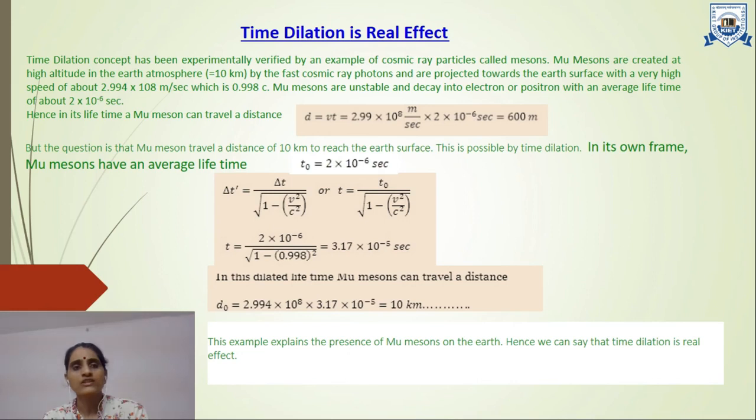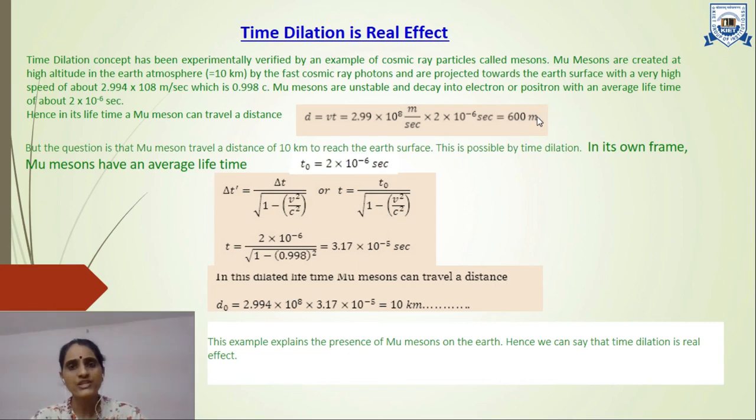The speed with which the mu mesons are traveling is nearly equal to c, that is 2.99 x 10^8 meters per second, and their average lifetime is 2 x 10^-6 seconds. If we multiply both parameters, then the distance that the mu mesons have traveled comes out to be nearly 600 meters, or approximately 0.6 kilometer. So the distance traveled by the mu meson is hardly 600 meters.